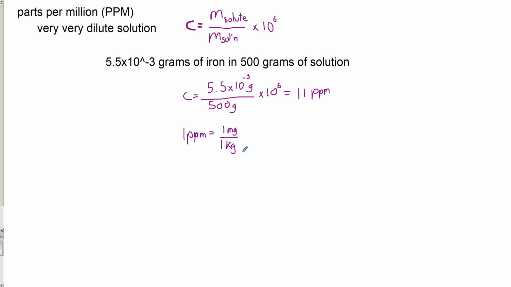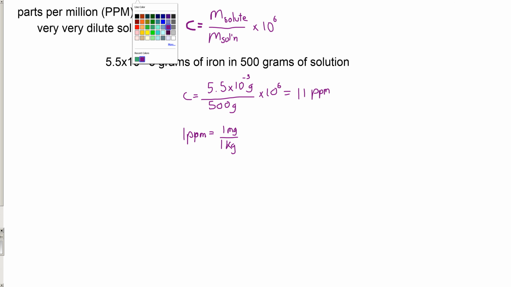How does that work? Actually, not super complicated. A milligram is times 10 to the minus 3 grams. A kilogram is times 10 to the 3 grams. So if we convert our top number to milligrams and our bottom number to kilograms, it is in essence the exact same operation. It's the same math as multiplying by 10 to the 6.